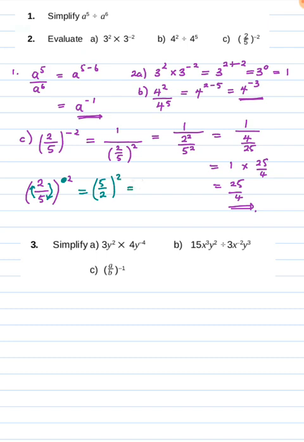Then after that it becomes 25 over 4. So this is a shorter one. What you do is, if you have a negative, you remove the negative. Why do you remove the negative? Because you flip whatever is inside, then you get your other things that you have.